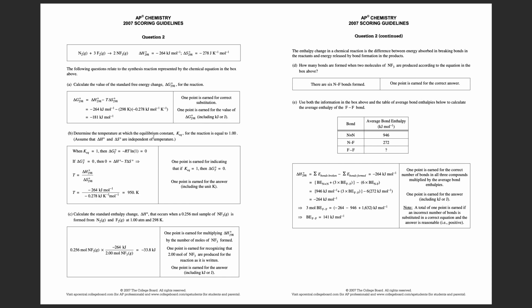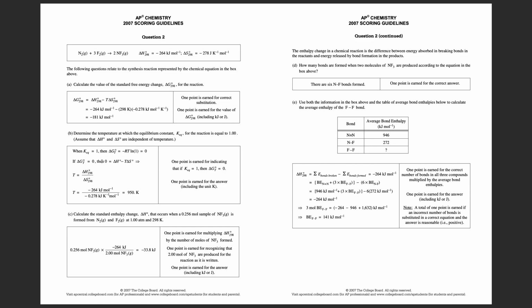So if delta G is 0, then you can solve for the temperature here in this other equation. It wouldn't really be possible to solve for it in this particular equation because this entire thing is going to be equal to 0.